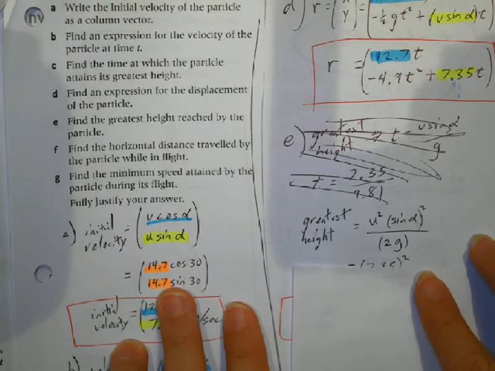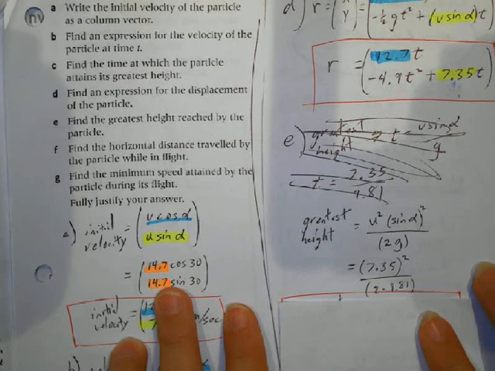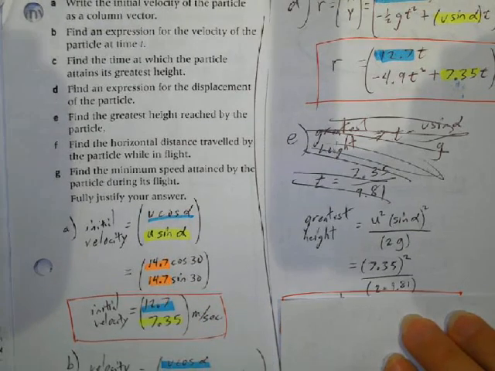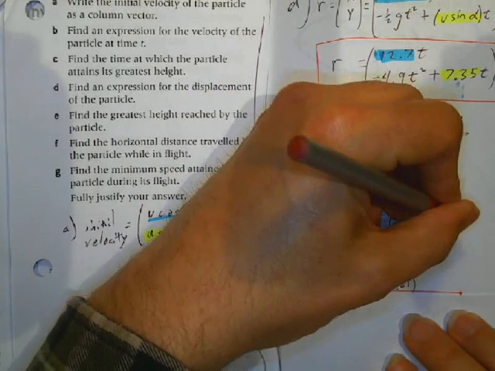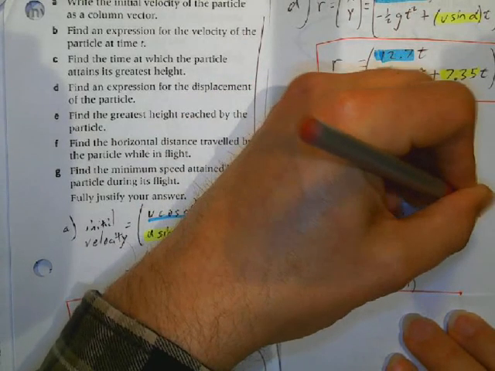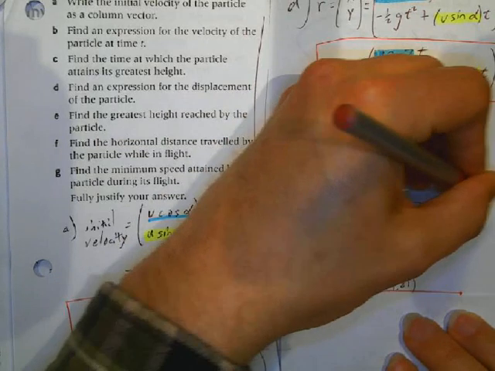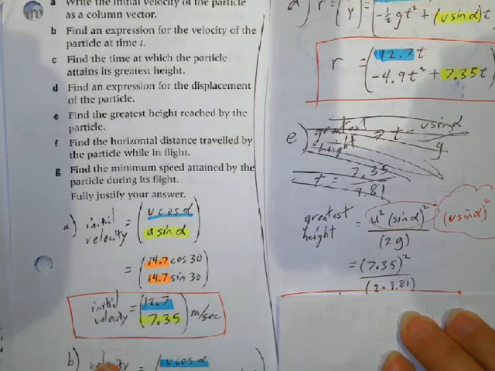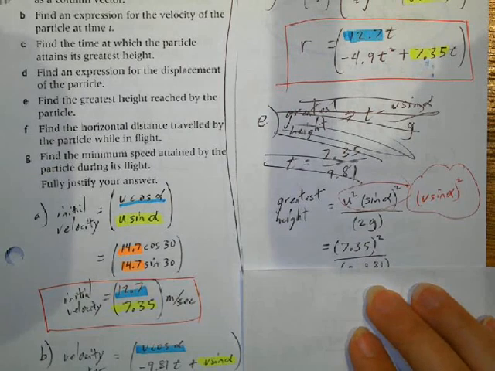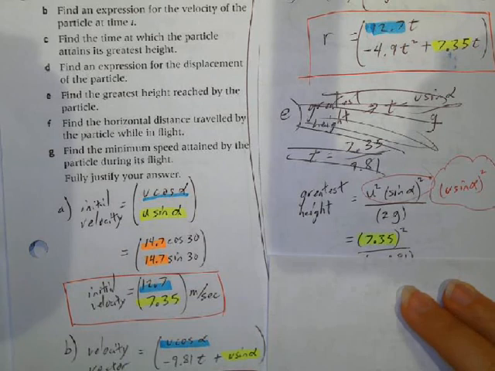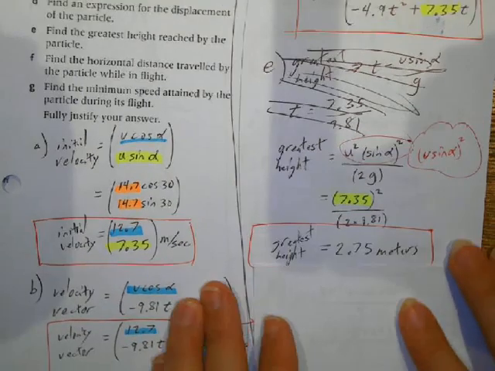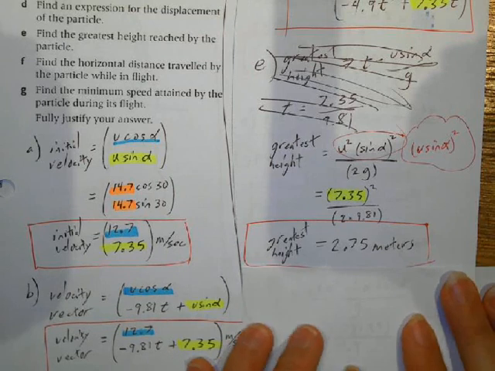So I'm going to replace, this is the same thing as u sine alpha squared, right? So I'm going to replace that with 7.35, and then divide by 2 times 9.8, and then there's the greatest height that we get to.